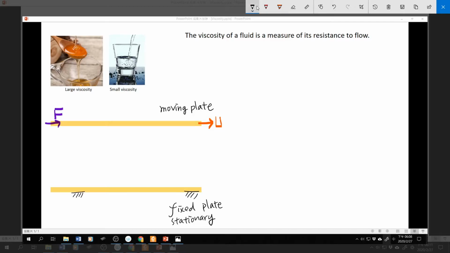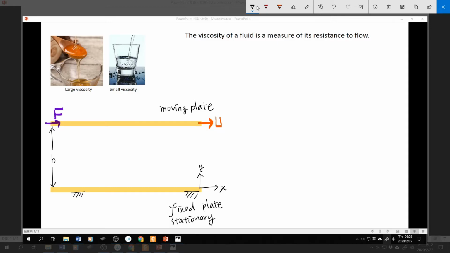The gap between these two plates is b, which is consistent with the lecture notes. And the coordinate here, this direction is the y direction, and this part is the x direction.